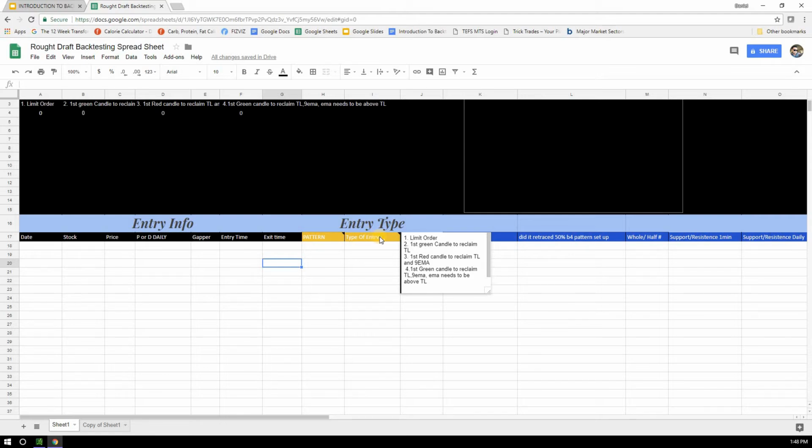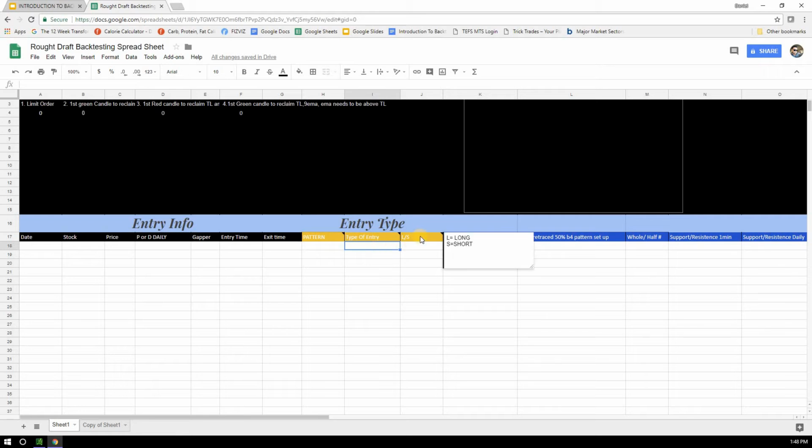What I try to do is number each one of them. That way, if I backtest, for example, the limit order, I'm gonna put a number one here, and as reference, I know that one means limit order. This might sound confusing, but when we start doing the backtesting, you guys will see that it's gonna make sense.